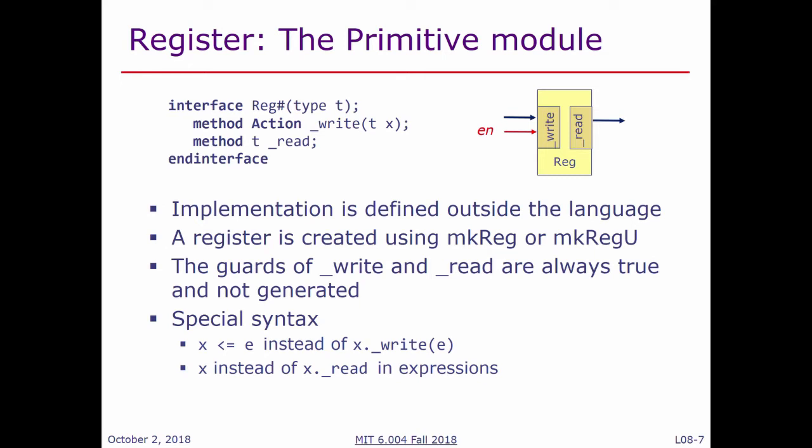Are we allowed to use underscore write and underscore read? Yes, it'll work, you can use that. Please don't do that, because you'll just make your code more unreadable. This is just for pedantic reasons, that a register is indeed a module with a proper interface, and you can think of it as having guards and everything.